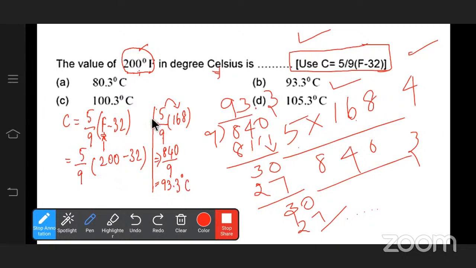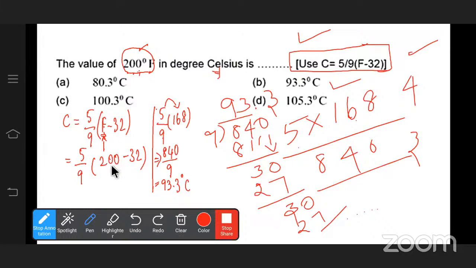What I'm doing here is, the question is given in Fahrenheit, and they are asking for the conversion to Celsius. In the question itself they have given C equal to 5 by 9 (F minus 32). In the place of F, I'm going to substitute 200 because the value of F is 200.